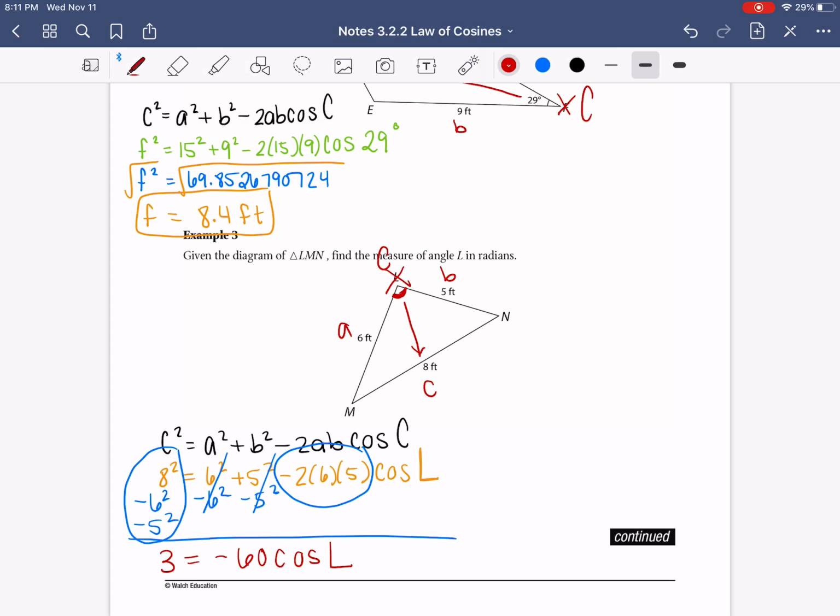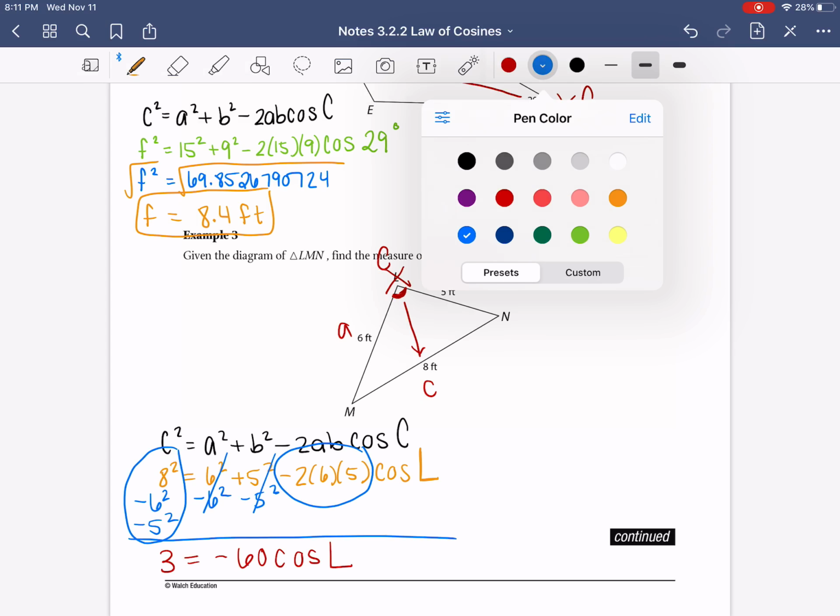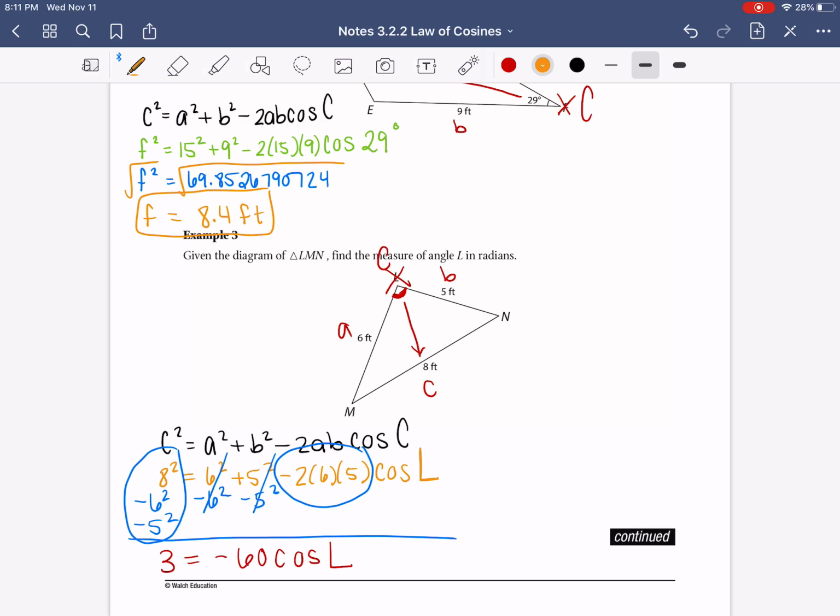Kind of ran out of room on my paper, but it's okay. So now I have to get cosine L by itself. So I have to undo this multiplying by negative 60. A common mistake is that people will add that to the other side. You have to divide both sides by negative 60. I don't even have to actually divide it.